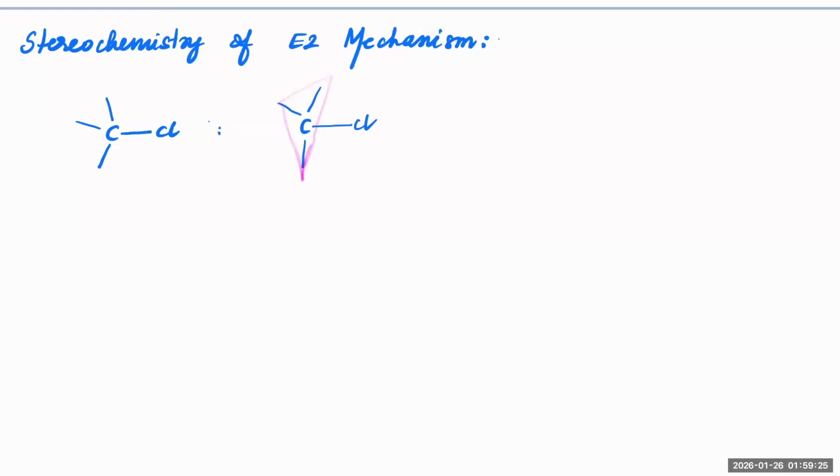So now you need to notice that wherever there is a sigma bond, on the opposite direction there will always be sigma star orbital. Sigma star orbital is empty. Whenever sigma is occupied, this is an empty orbital. Okay, keep this in mind, everybody, that this is an empty orbital. Got it?